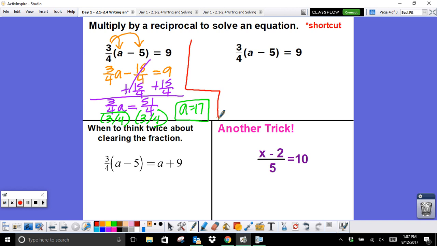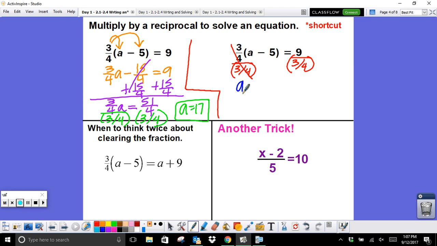Okay, well how do we undo multiplication? Well, we divide. Or you multiply by the reciprocal. So, what you could do here is you could divide off the 3/4. And what that's going to do is it's going to cancel that 3/4 off of there. So I don't even have to distribute that because I'm dividing it off.